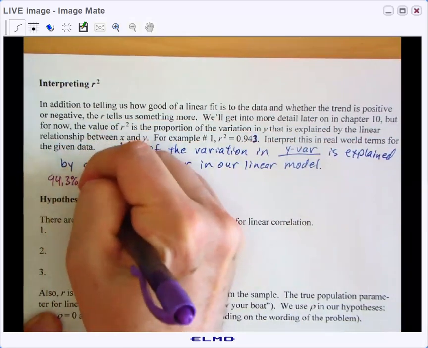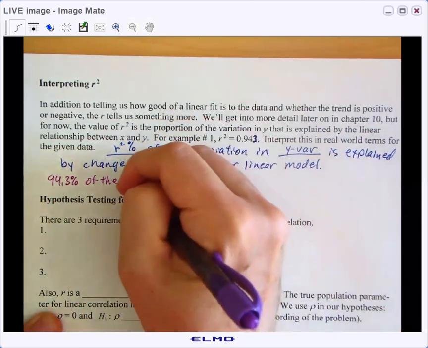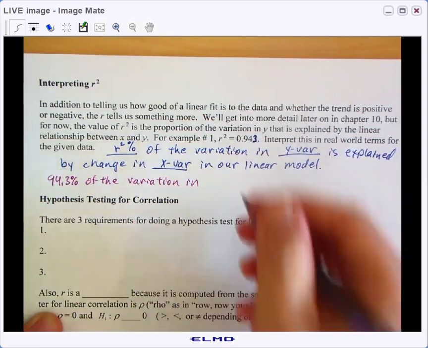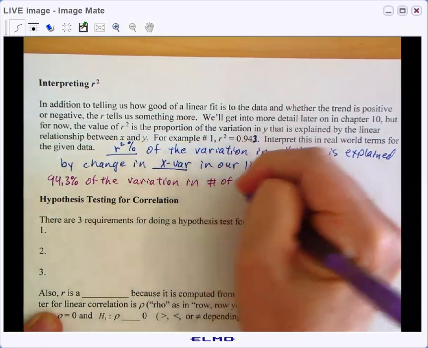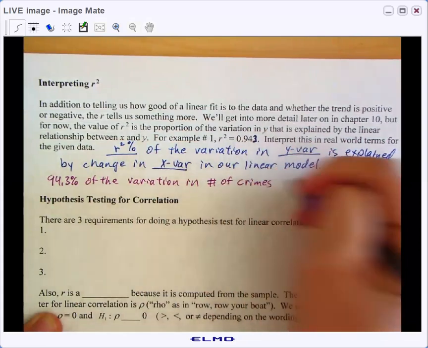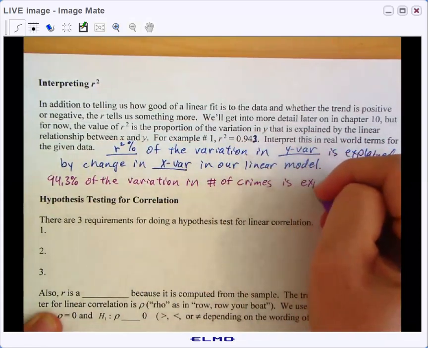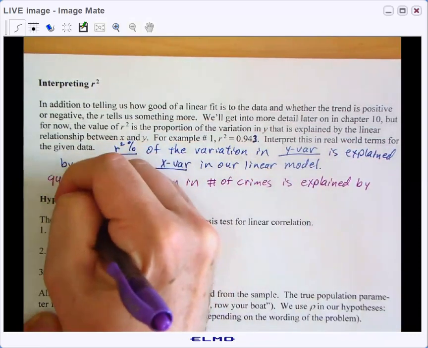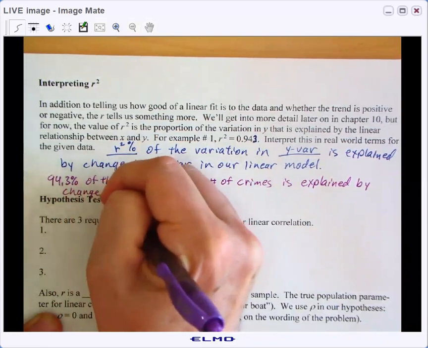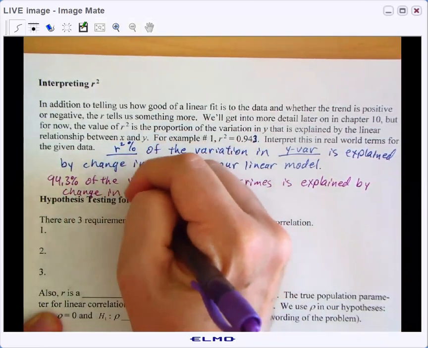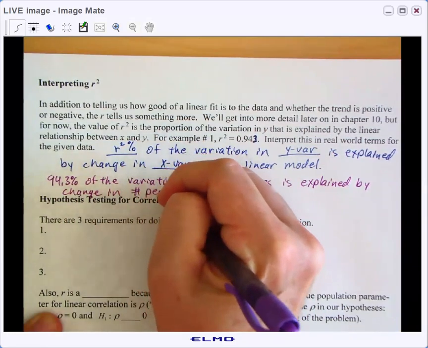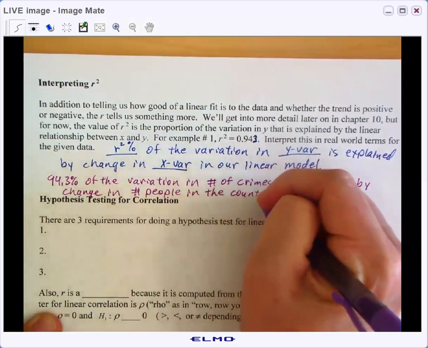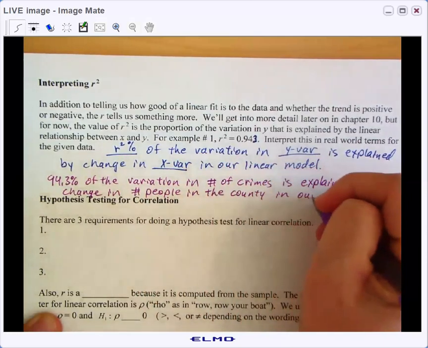94.3% of the variation in Y variable, which was number of crimes, is explained by change in X variable, which was number of people in the county, in our linear model.